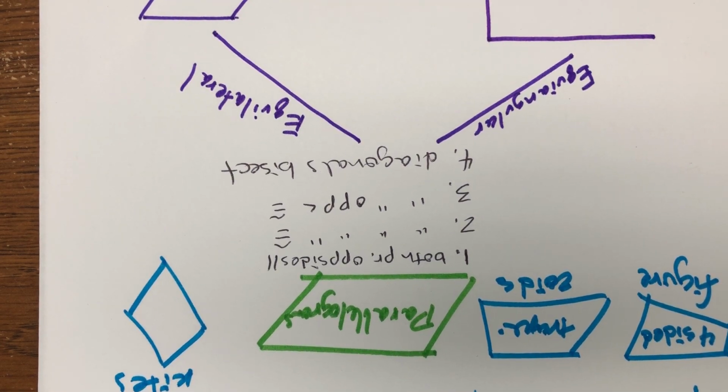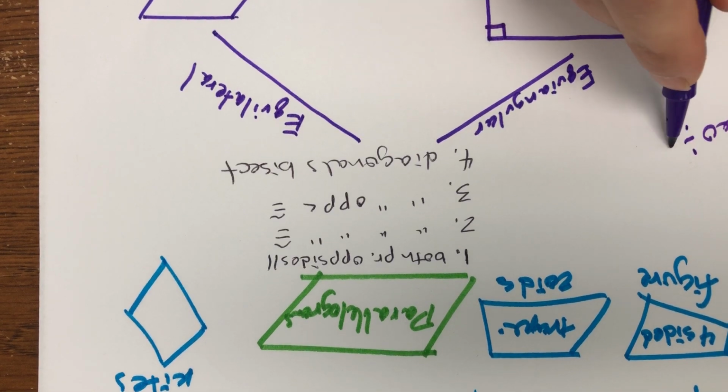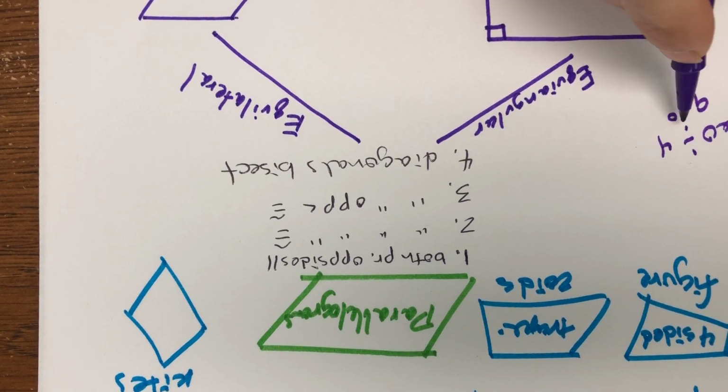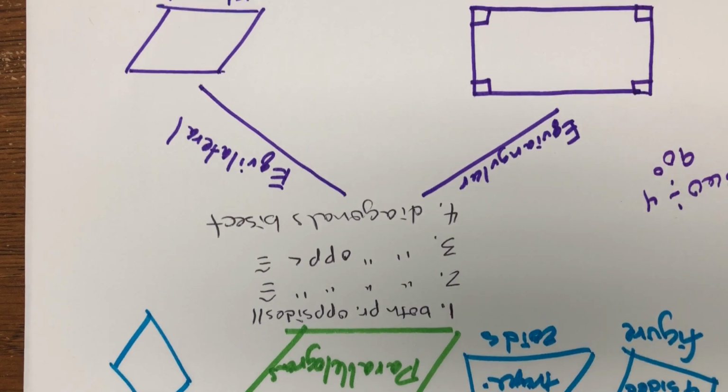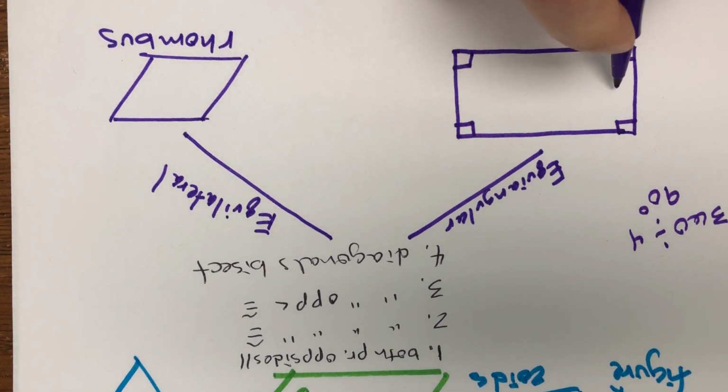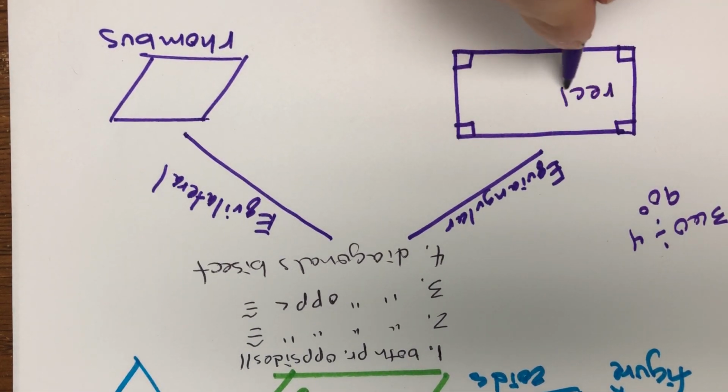if a quadrilateral is equal angular, what are the measurement of its angles? 360 divided by 4 gives us 90 degrees. So if it's equal angular, that is a rectangle.